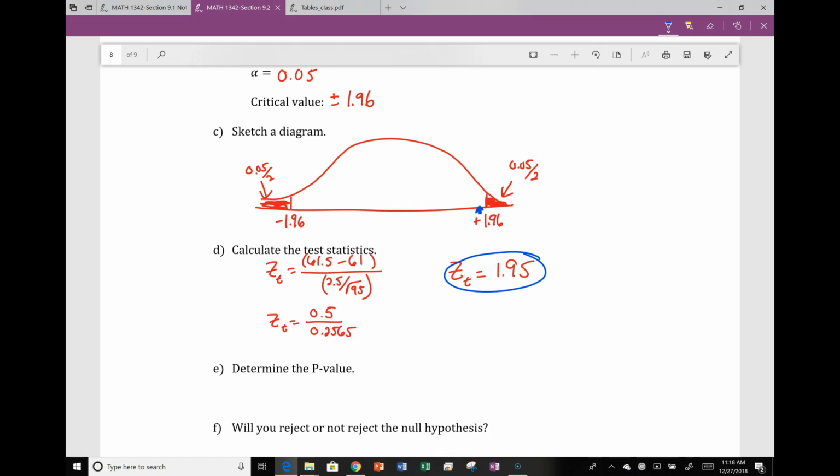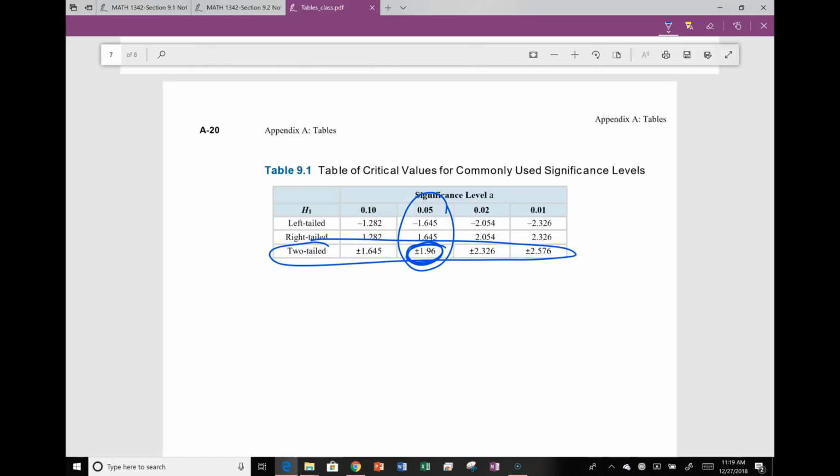But we want to find the p-value. So we have to be careful because this is a positive, correct? So that's going to be on the right side. So we're going to have to look at our p-value. We know that we're going to multiply it by 2 because it is a two-tailed test. But because this is a z that is positive, I'm automatically going to subtract whatever value I look up from 1 because it's more than half.